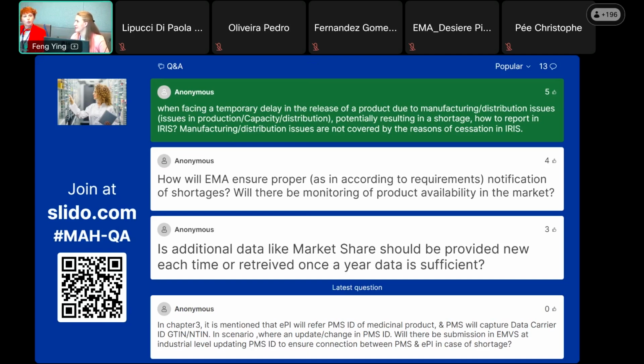And then it needs to be reported via ESMP, while the marketing status may remain marketed in case the MAH does not temporarily cease the placing on the market of the product.